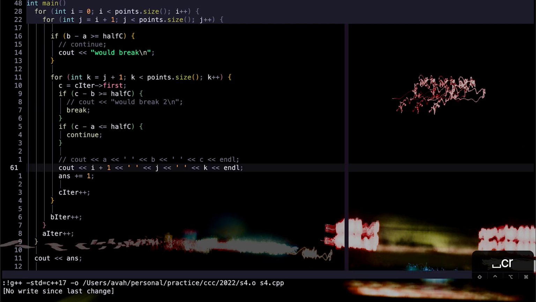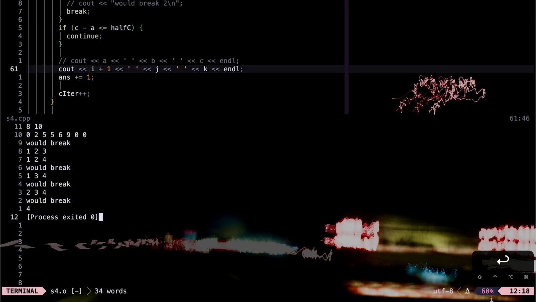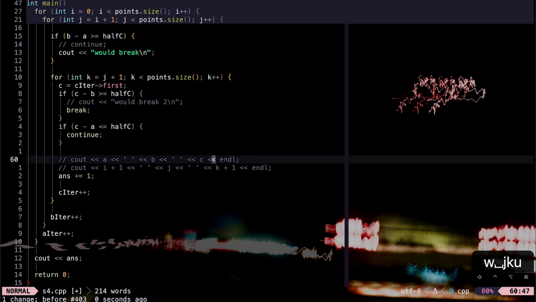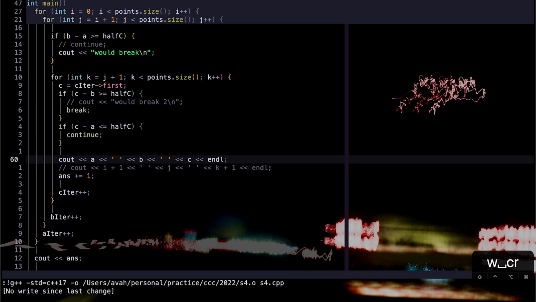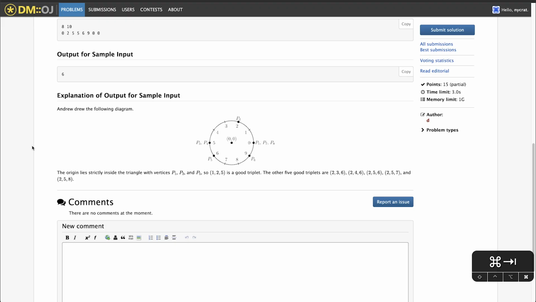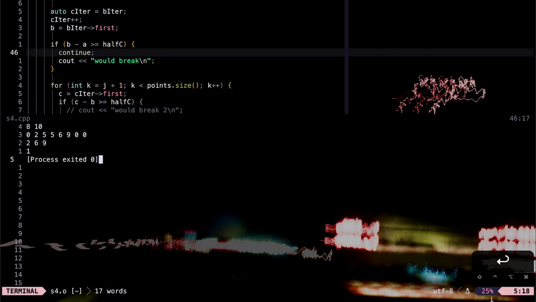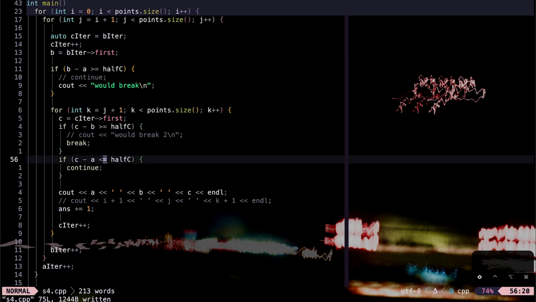I'll just read it like this. Okay. So 0, 5, 6, which is 0. This should not work because it would break. Let's see if we continue here, what happens. Again, we only have this.